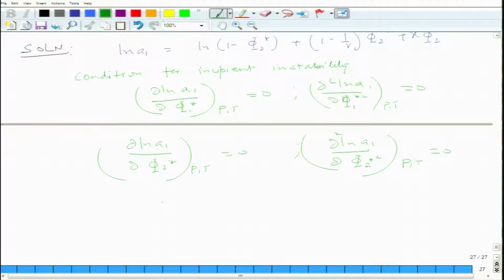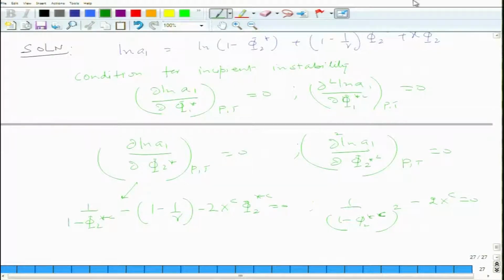Now, if you plug in this expression here, you should be able to get 1 by (1 minus phi 2 C) minus (1 minus 1 by r) minus 2 chi C phi 2 C equal to 0, and the second one would be 1 by (1 minus phi 2 C) squared... minus 2 chi C equal to 0.